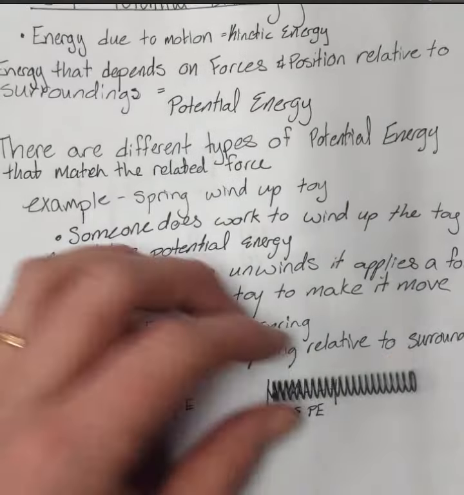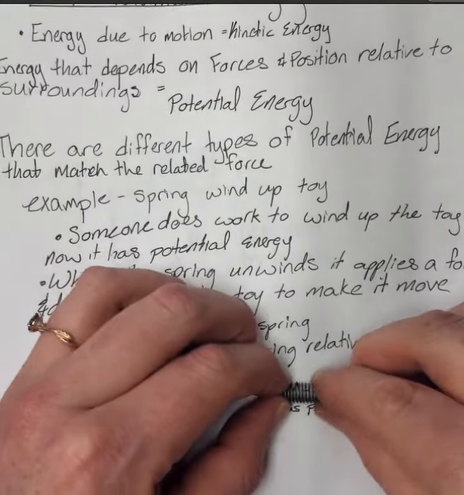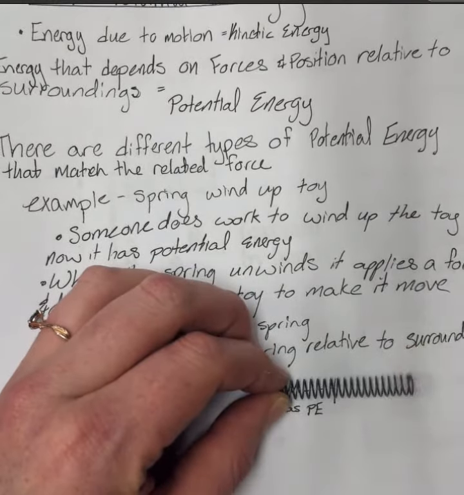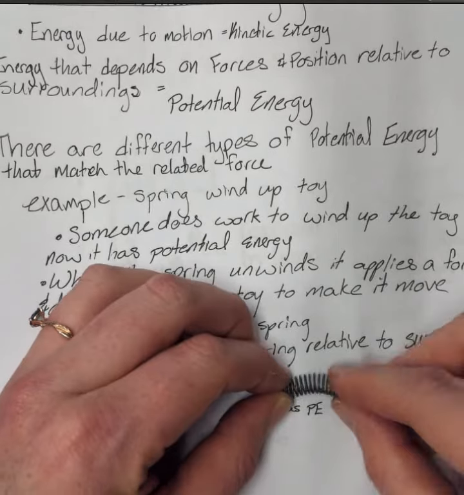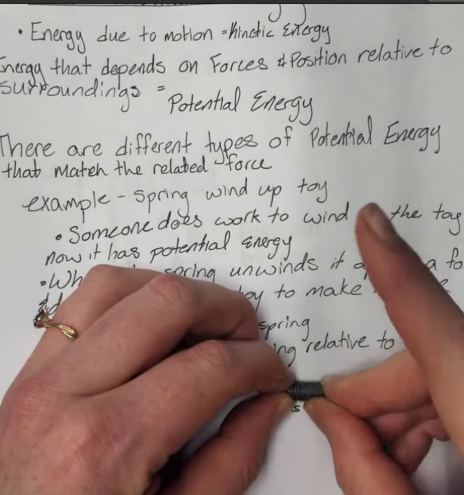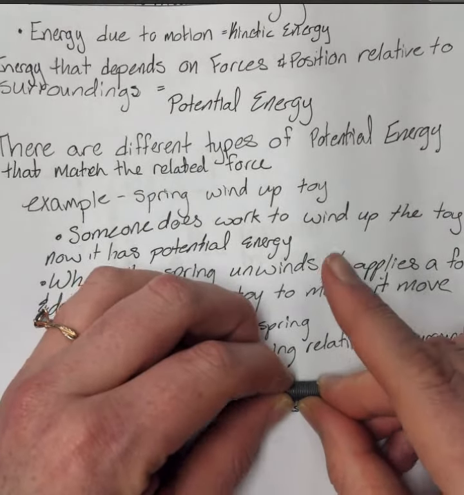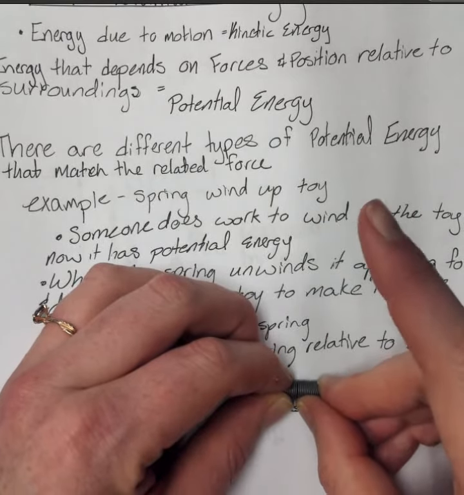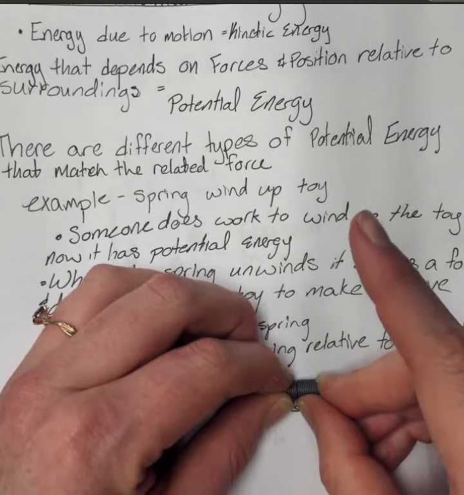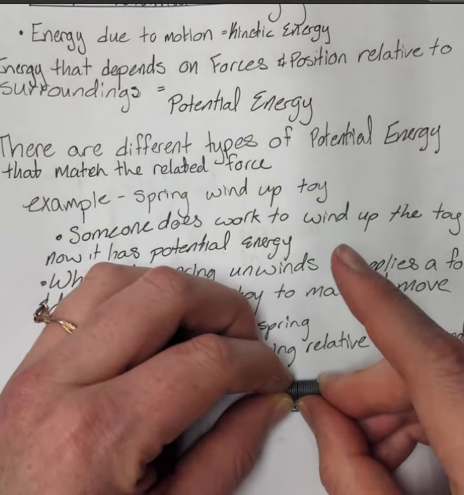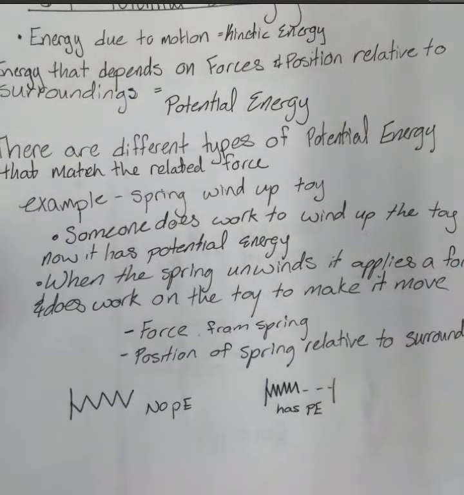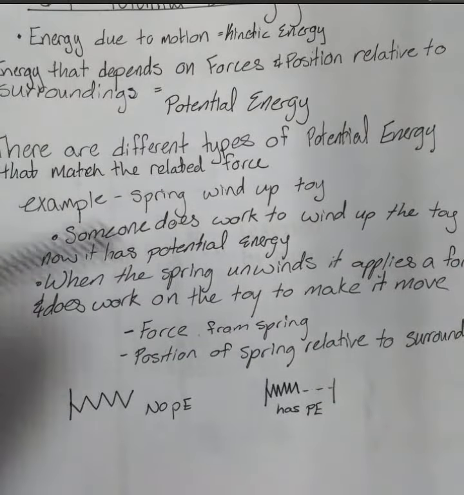However, if I do work and I store that force, that spring then has potential energy, and it's due to the spring force and the position of the spring relative to its surroundings. This spring would not have any potential energy in it if it weren't compressed like this relative to its surroundings, or stretched relative to its surroundings. However, because of the force and because of the surroundings, it has potential energy.